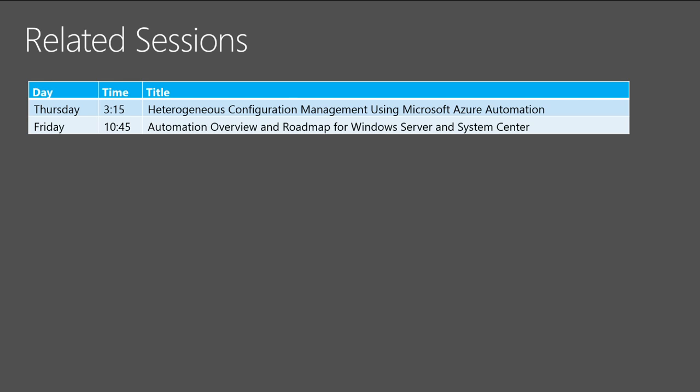So there's a couple of things that were brought up here. One is the sharing. We're going to have a sharing model where you can actually export runbooks, not only runbooks, but all of the assets that they depend on. So we're going to have what we call automation packs, where you can actually export everything and import it into another account if you want.